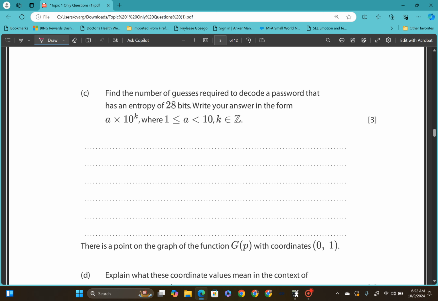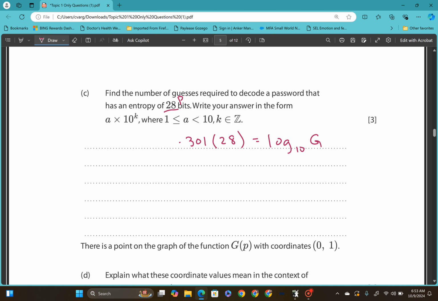All right. For letter C, what we're doing is they're telling us that there's an entropy of 28 bits. So that's our P. So we have 0.301 times 28 is equal to log base 10 of G. I think at this point, you could plug it into Y1, Y2, graph it.